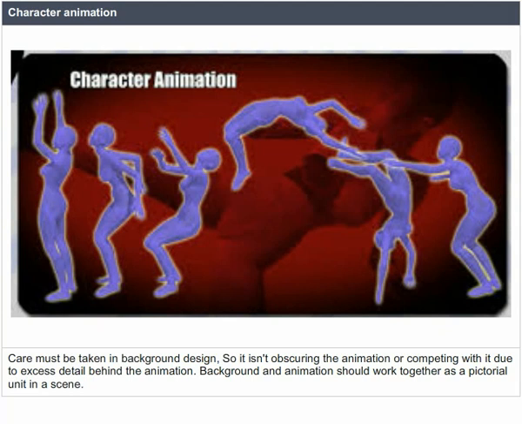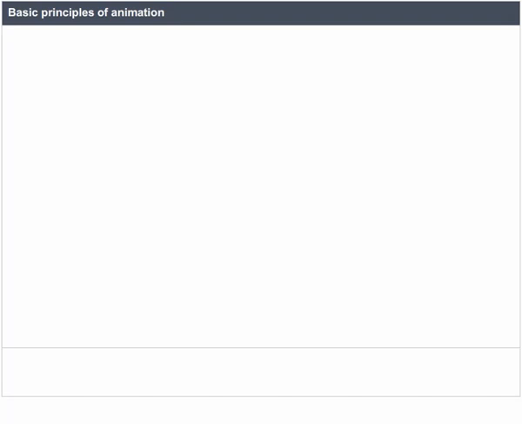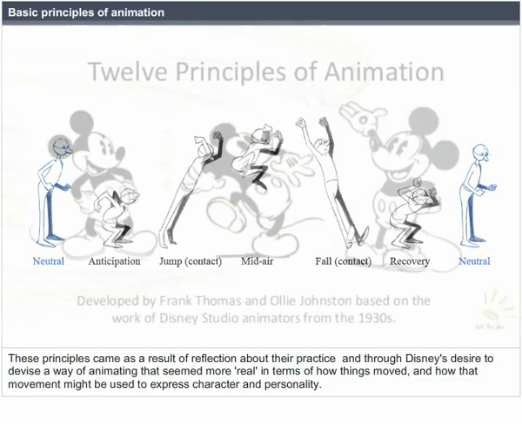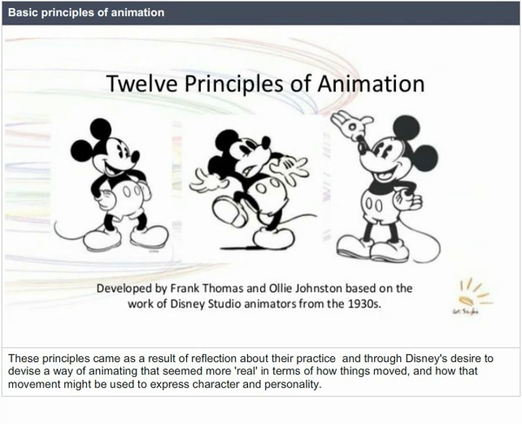Basic principles of animation. Of course, they weren't old men at the time, but young men who were at the forefront of exciting discoveries that were contributing to the development of a new art form. These principles came as a result of reflection about their practice, and through Disney's desire to devise a way of animating that seemed more real in terms of how things moved, and how that movement might be used to express character and personality.